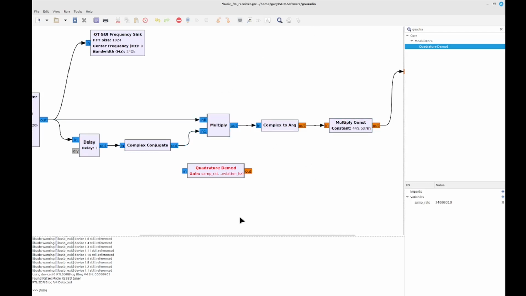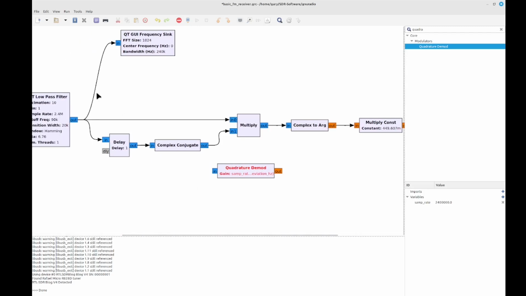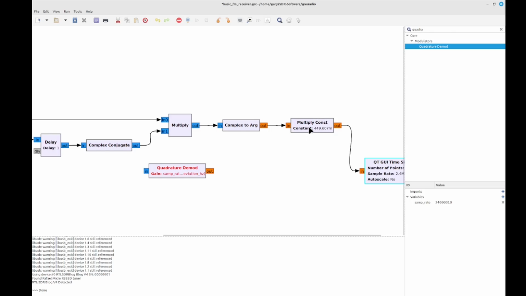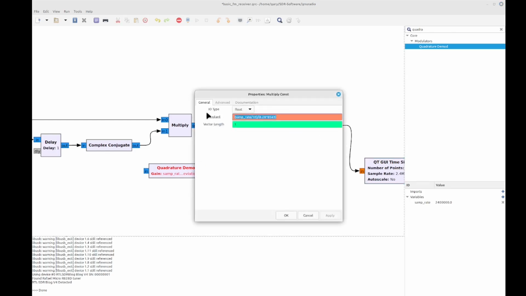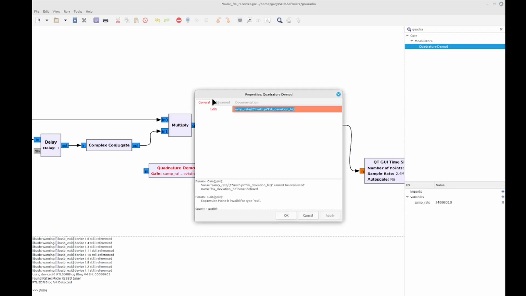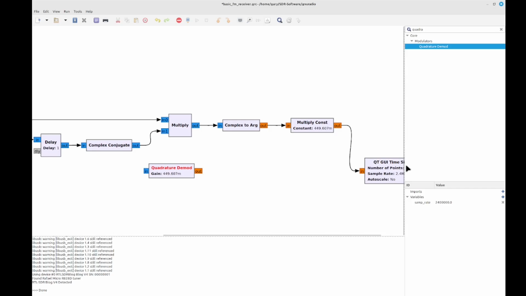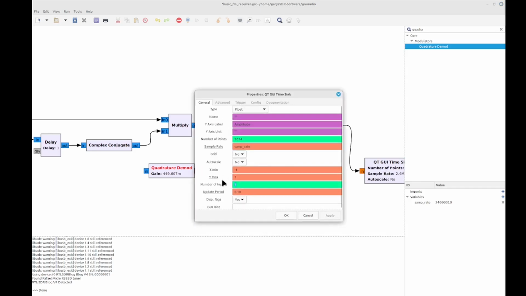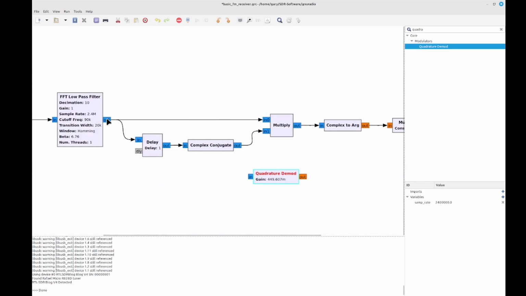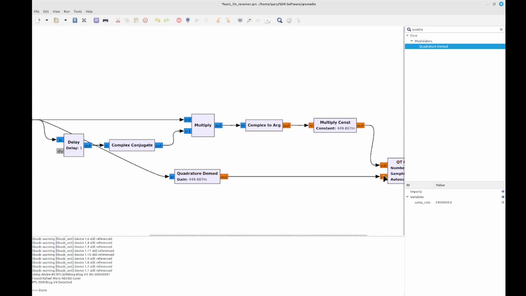Let me go ahead and get rid of that. Don't need that anymore. But if you look at the time sink, what I'm going to do is take the multiply constant, this value here, copy it, paste it into here, set up a second input on my time sink, and then connect the output of my filter into the quad demod block over to here.